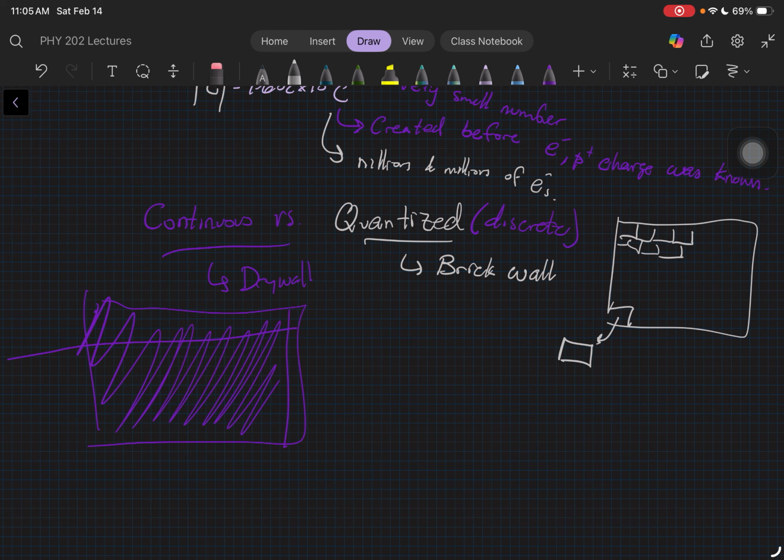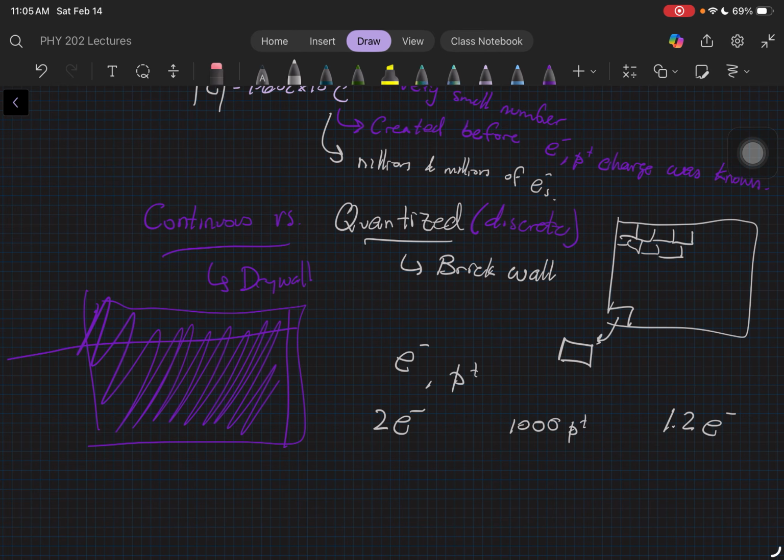You can only add charge in increments of an electron or proton. Now you can have 2e, you can have 1,000 protons, but where you get issues is if you find something with a charge of like 1.2 electrons.